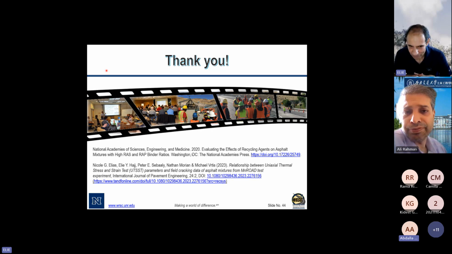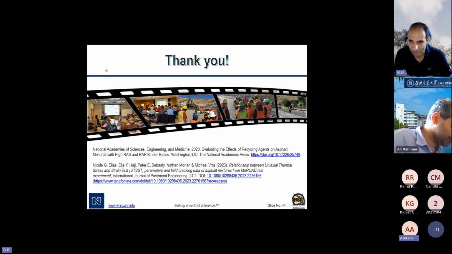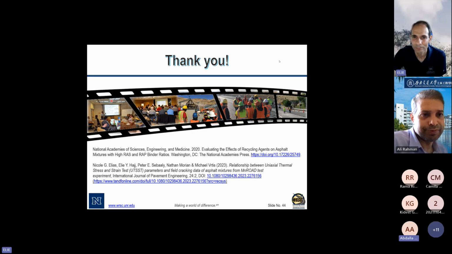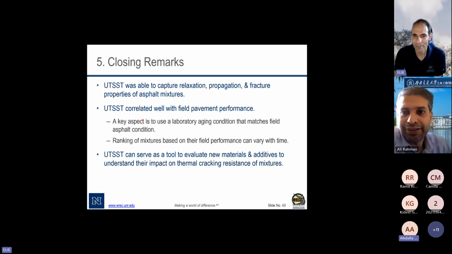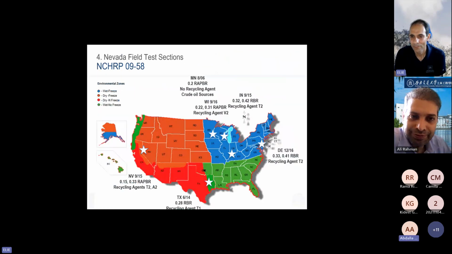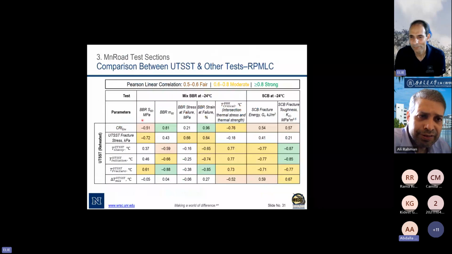Why here is the shape of the sample cylindrical, like when we need to test rutting? This is the first part. And after you reply, I will ask again.